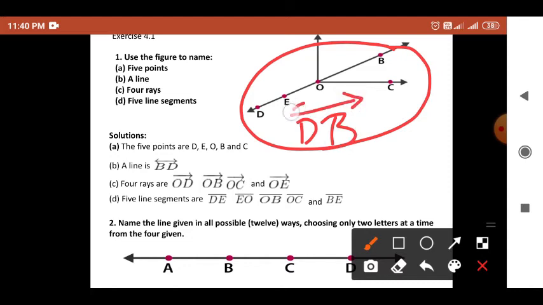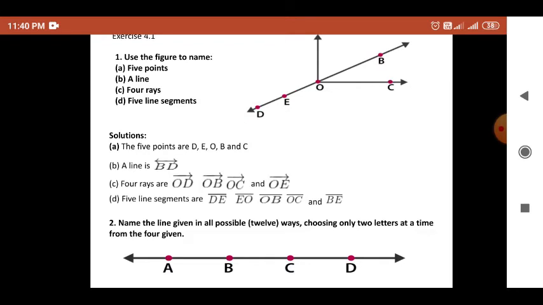DB is a line. So a line can be represented by using this symbol. A small line you have to write over the name of that line. So here BD is a line, DB is a line, DB or BD, both are the same.